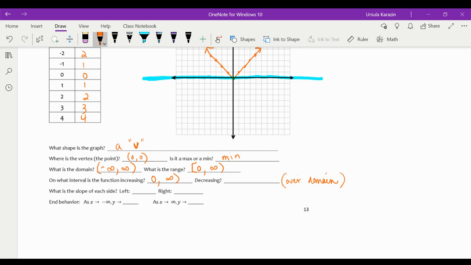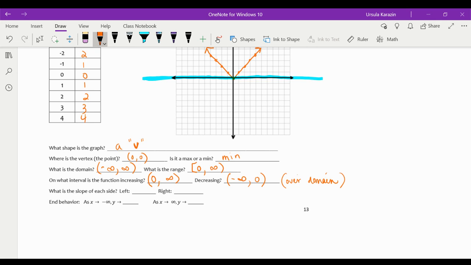That's a crossover point where it crosses over from decreasing to increasing. So we can't say the 0 is included because I can't include it in both. It's not increasing and decreasing at 0. So it's not included in either. So that was my increasing. My decreasing started back at negative infinity and continued until it got to 0, and that was when it crossed over.